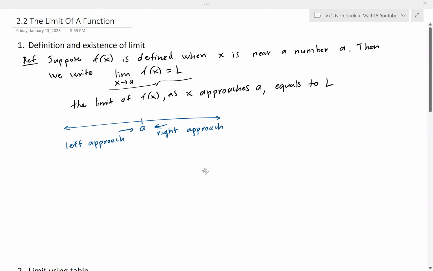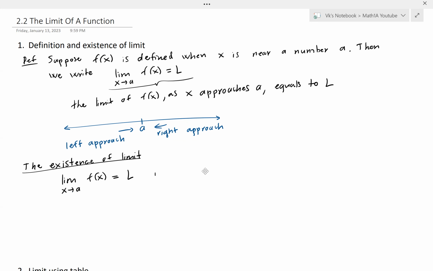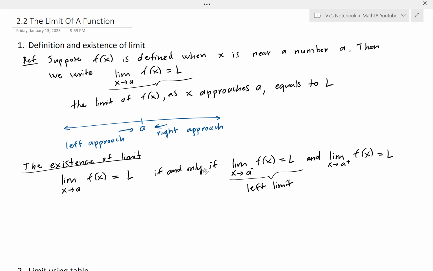And it's summarized into the existence of limits, which says that the limit as x approaches a of f(x) equals L if and only if the limit as x approaches a from the left side equals L and the limit as x approaches a from the right side is also L. That is, this one is the left limit. This one is the right limit.